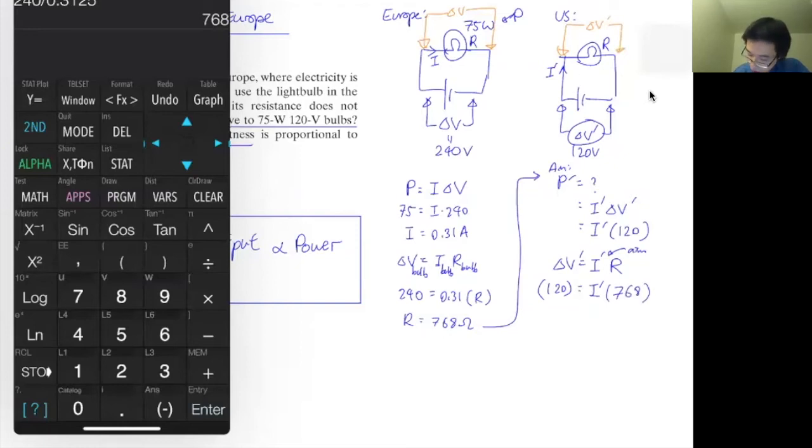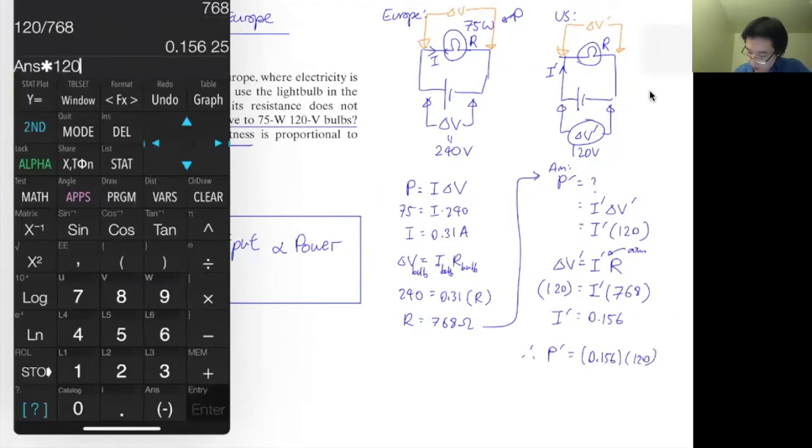So we can find I prime is 120 divided by this, so it's 0.156. And therefore the new power that it's generating is 0.156 times 120, and it is 18.7 watts.